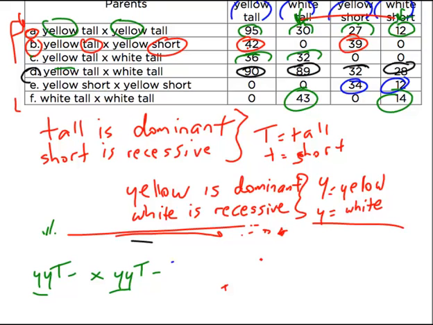But we do see a 3-to-1 ratio of tall to short, right? And again, we know the only way to do that is to do that. So we basically have little y, big T little t, times little y, big T little t. Interestingly, they're both the same phenotype and they end up both being the same genotype, but they didn't have to be, right? It would depend on the data.